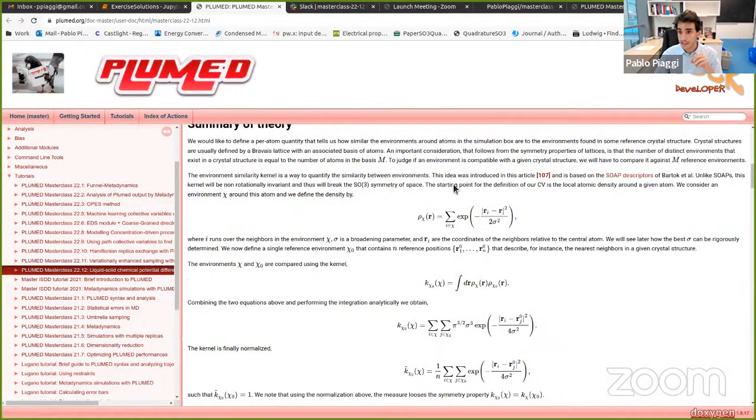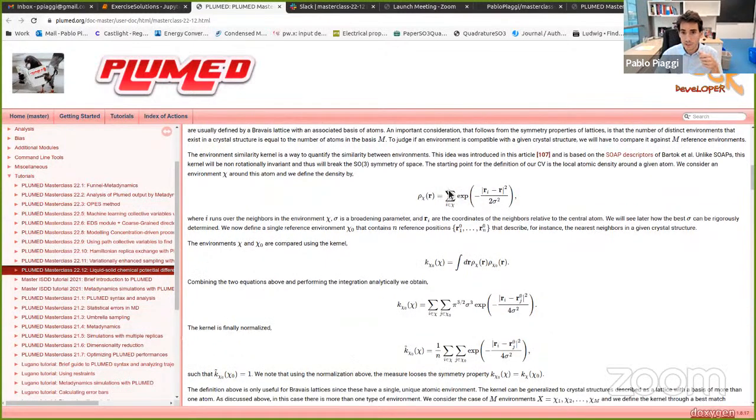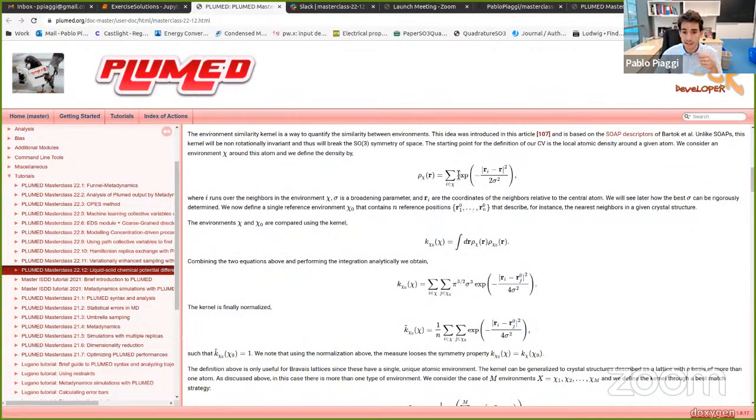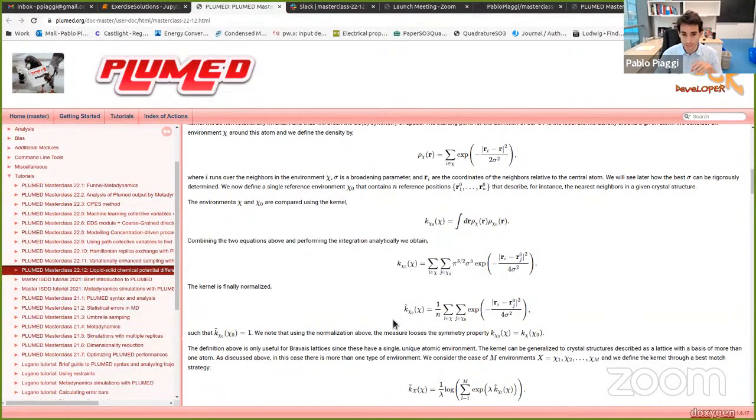The definition of the density is based on a spreading. This spreading has a parameter sigma that we will determine during the first exercise. The use of that density allows us to define a kernel to measure how similar environments are, and this is given here in this equation.